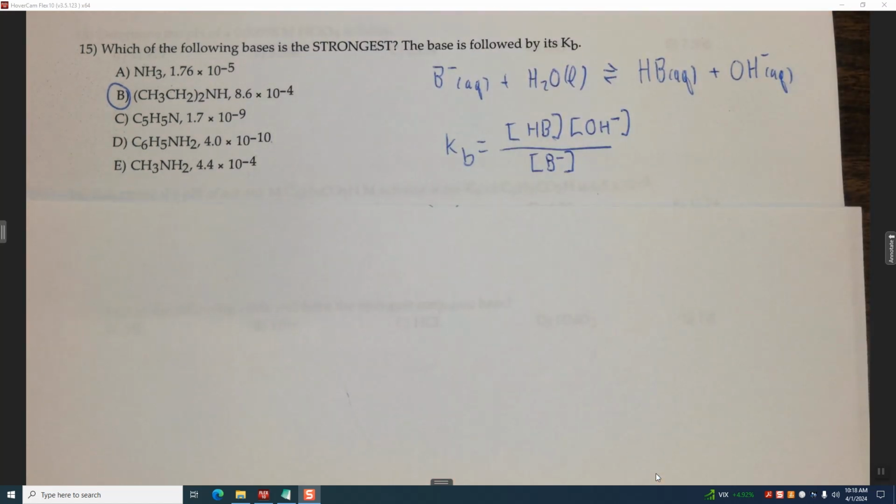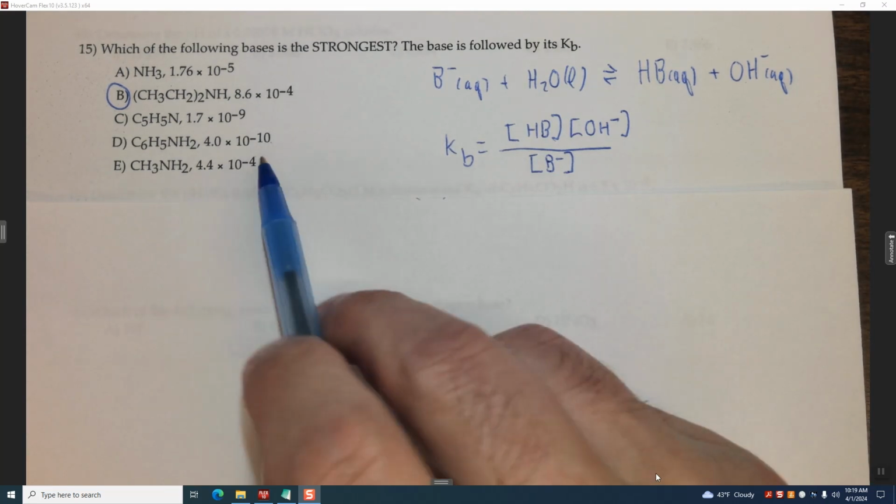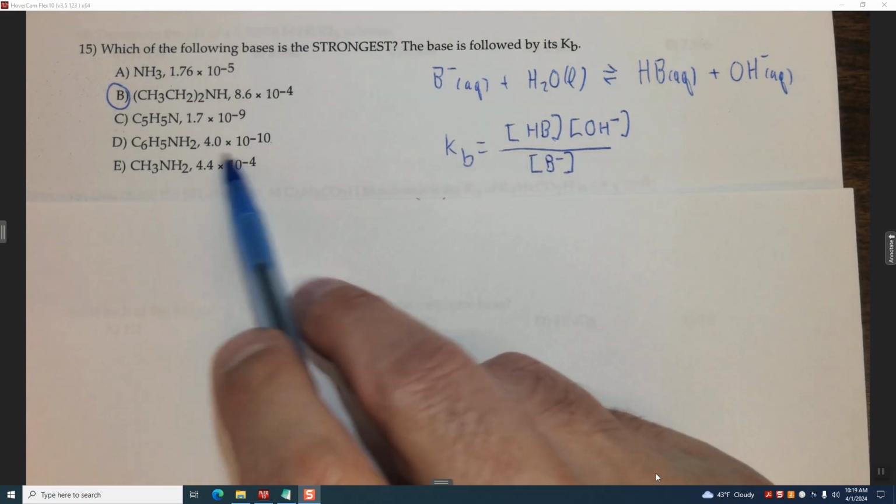I haven't gone over the pKa or the pKb here, and I can't remember if that question comes up after this or if that was on the homework. But note that you should know this in terms of pKa and pKb as well. The smaller the number for the pKa, the stronger the acid. Because if you take the negative log of this, one is going to be 3 point something, and this one is going to be 9 point something.